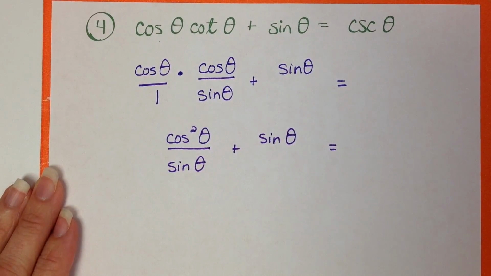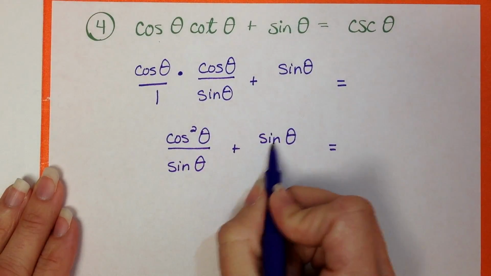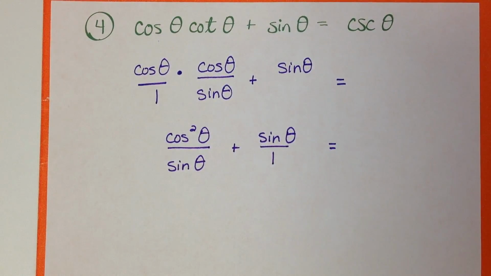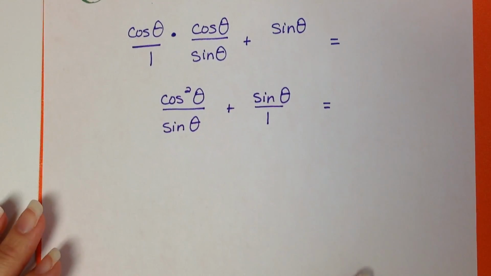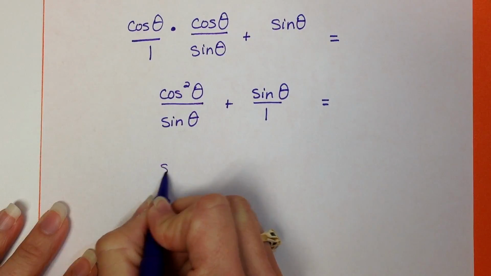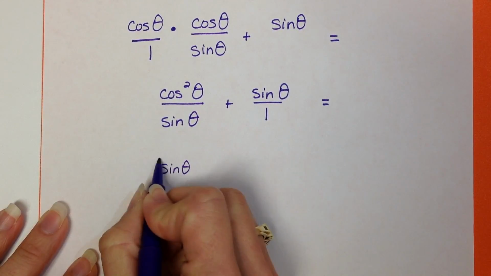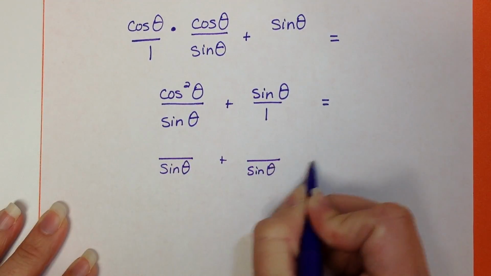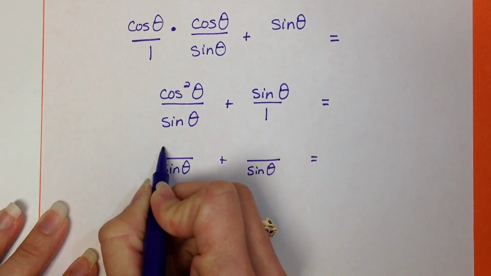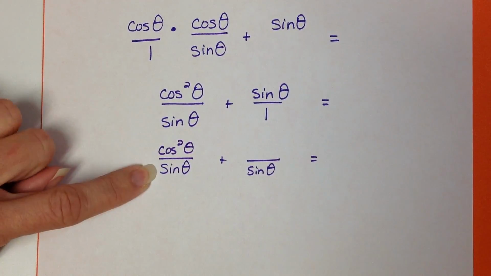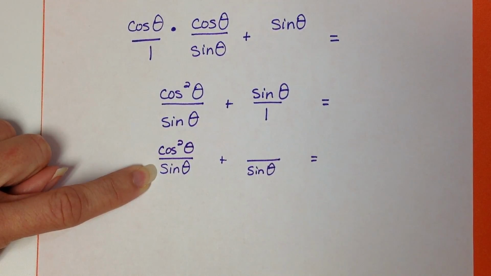Okay, so now you're ready to do the addition. That's understood to be over 1. So you are going to have to get a common denominator. Okay, so this is just like what I took you through earlier. Your common denominator will need to be sine. Now your first fraction, you just bring the numerator down as it is because it already has the denominator it's supposed to have.